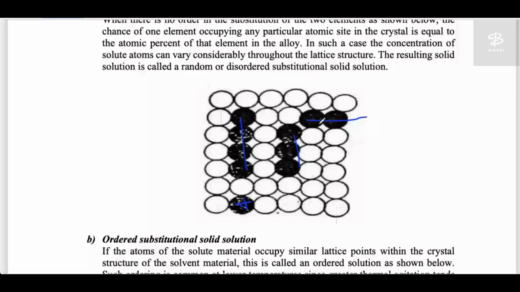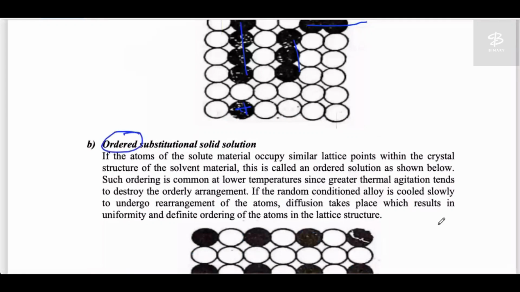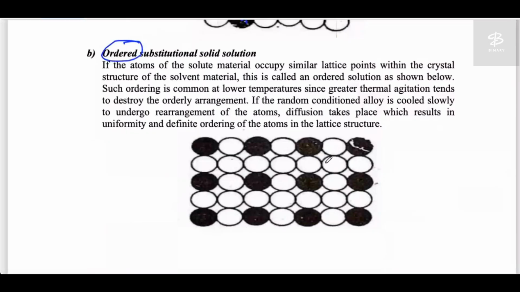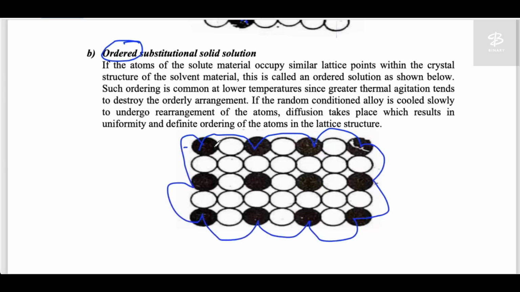But in the ordered case, the same thing happens: the replacement of atoms has been done, but in what sense have they replaced? You can see the order they maintain. Alternately, one atom has been replaced, here and in similar fashion here.